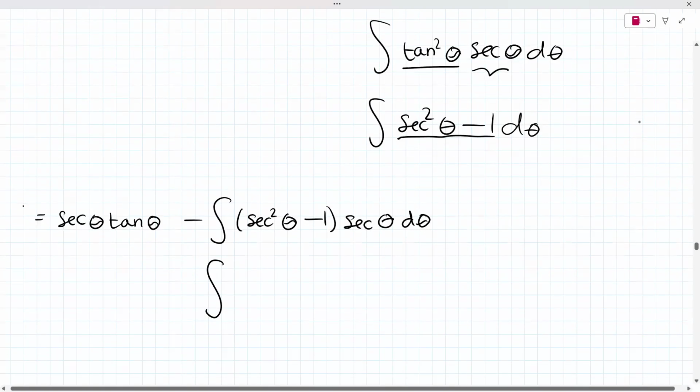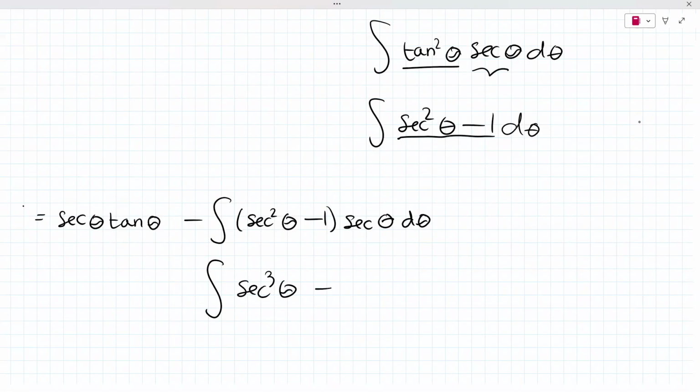Okay, clean this up. So this is going to be secant cubed minus secant theta.